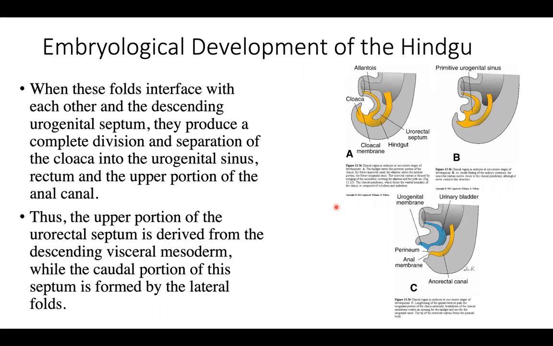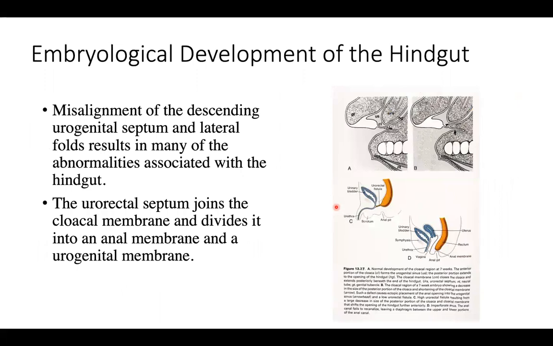This is the same thing I'm saying. Here it says misalignment, okay? Some problem can happen if the urorectal septum is not properly placed or does not develop properly, and also the lateral fold does not develop properly, resulting in abnormalities associated with the hindgut and also with the urogenital sinus.